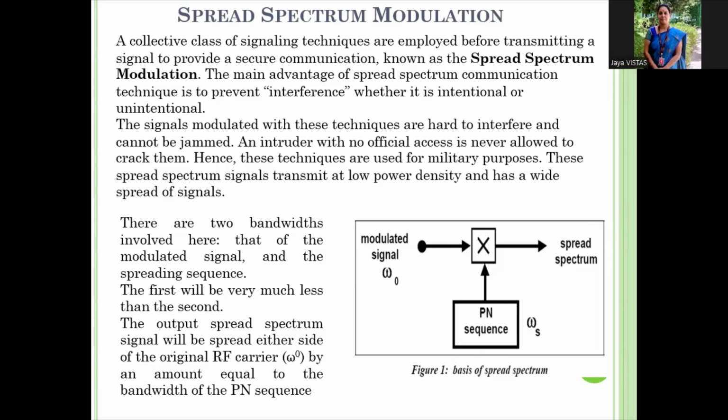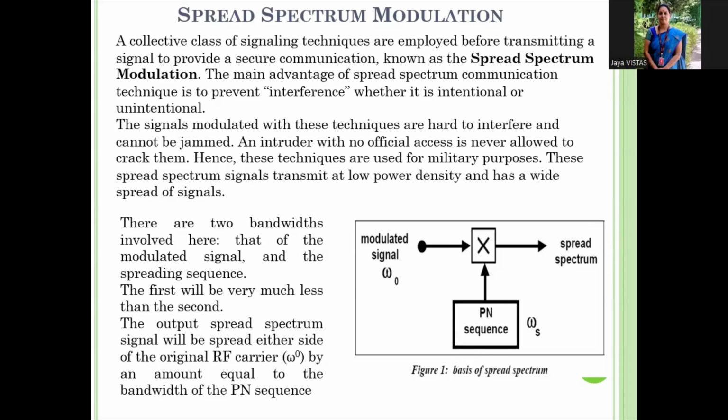We are not able to jam the signal. An intruder with no official access is never allowed to crack them. Hence these techniques are very secure, so they are used for military purposes. These spread spectrum signals are transmitted at low power intensity and as a wide spread of signals.